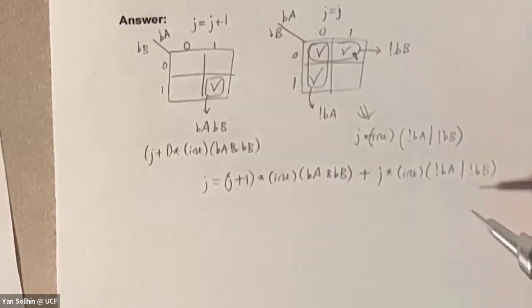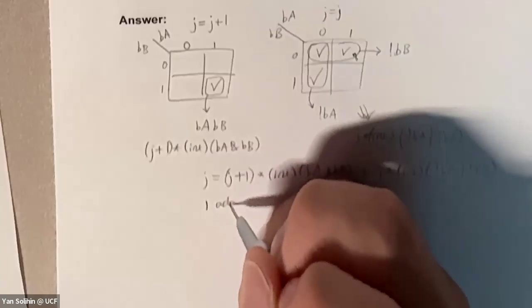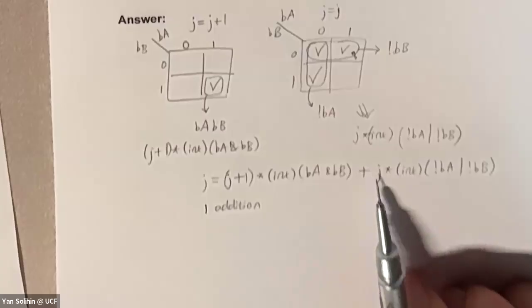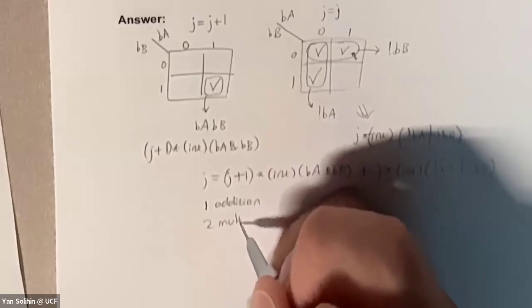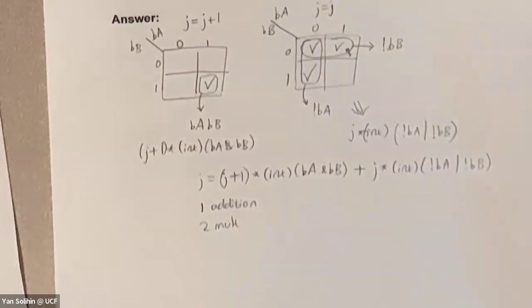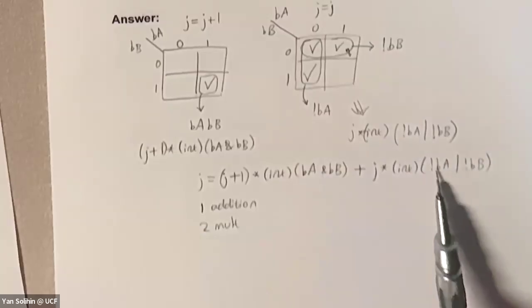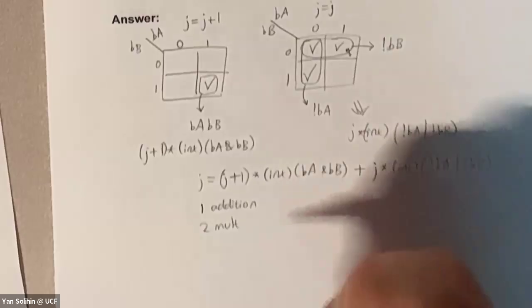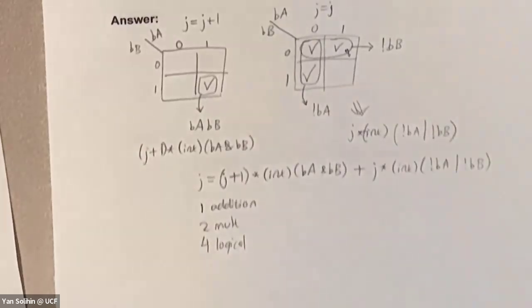Okay, done. So this expression will have one addition, two multiplications. And how many logical operations? We have an and here, that's one. We have a not, that's two, and then an or. So four logical. That's the complexity of the code.